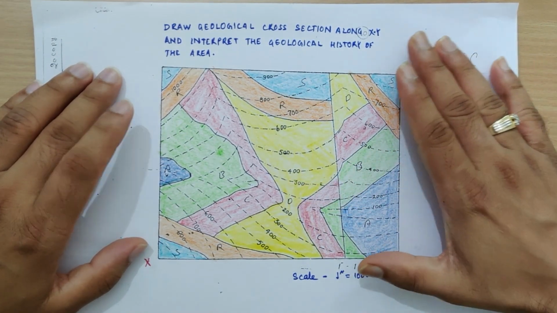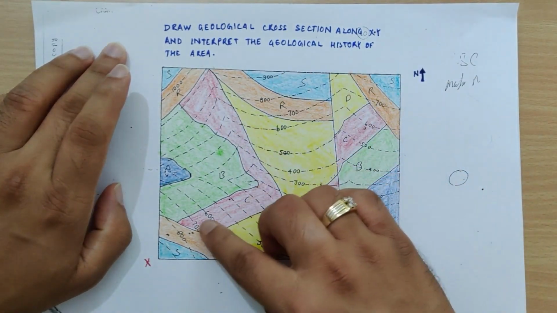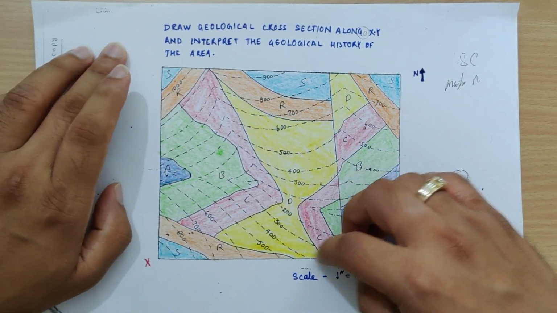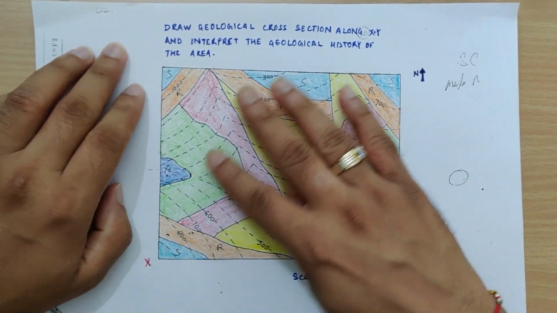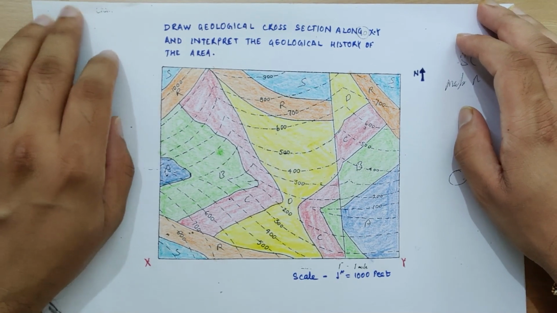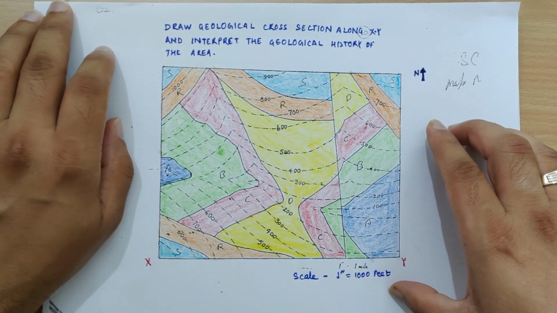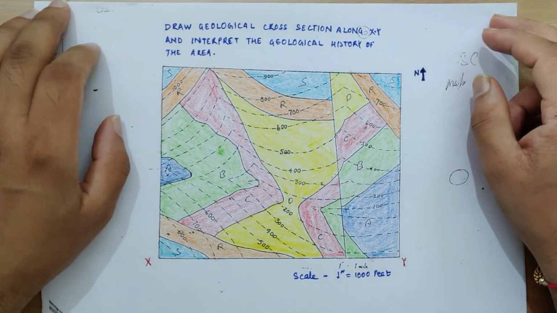So this is a bird eye view. The different colors are representing different lithologies in the area, and the contour lines are representing the elevation of the area. The top of the map is north. The map scale is 1 inch is equal to 1000 feet.